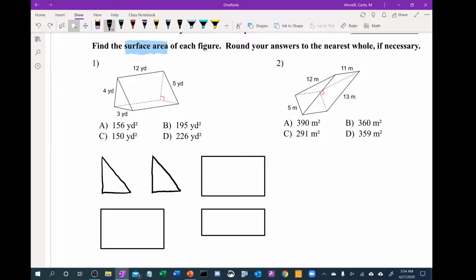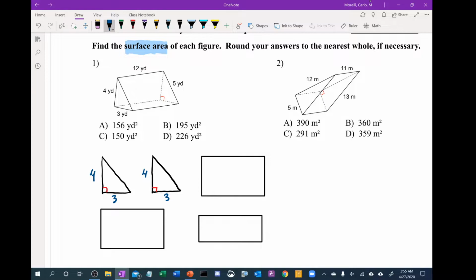All right. So all we have to do is label all these pieces. Let me move this guy just a little bit right there. So remember, this right angle goes right here. And now let's label all the sides. So what do we know? The height of this triangle is 4 and the base is 3. Same thing here. They're mirror images, so they have the same dimensions, 4 and 3.